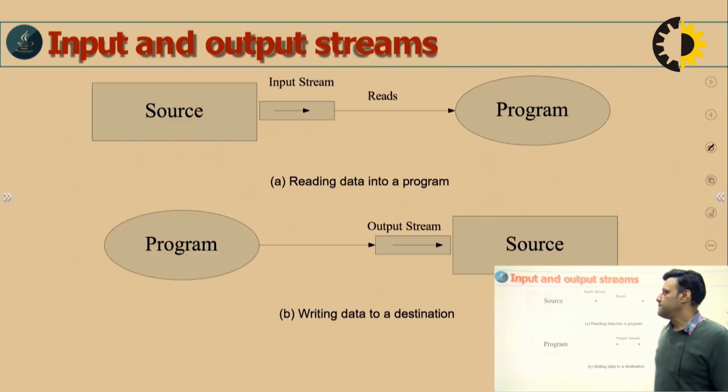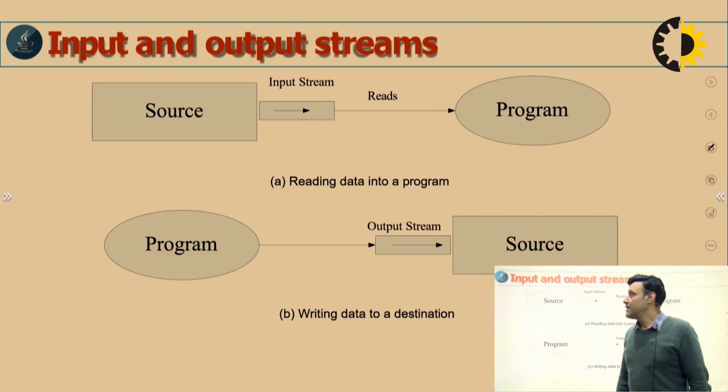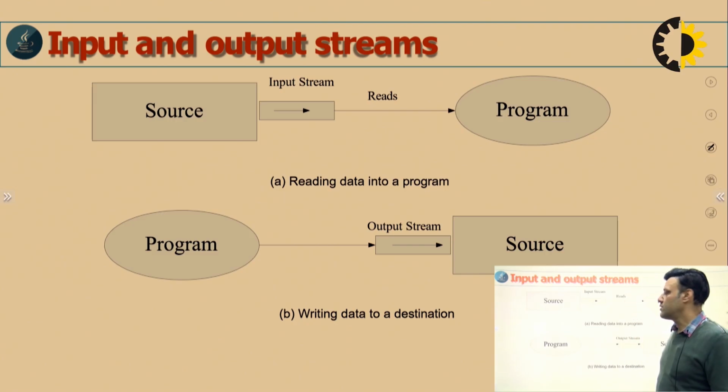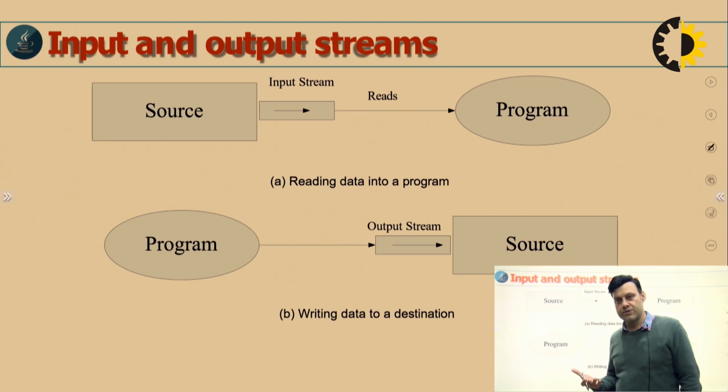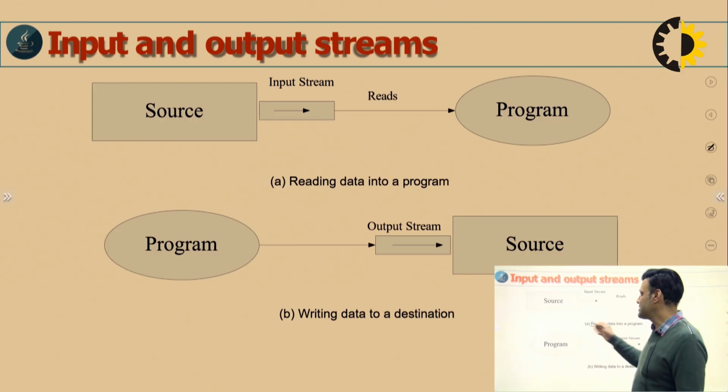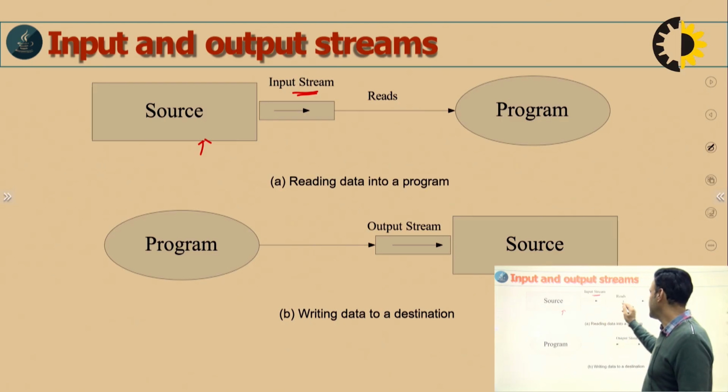Now, how this input and output stream will work, you can see diagrammatically. As in the previous diagram, we have shown that the Java program will take an input stream and generate some output stream. Similarly, we have a source from where this input stream is coming, and our program will read that stream.